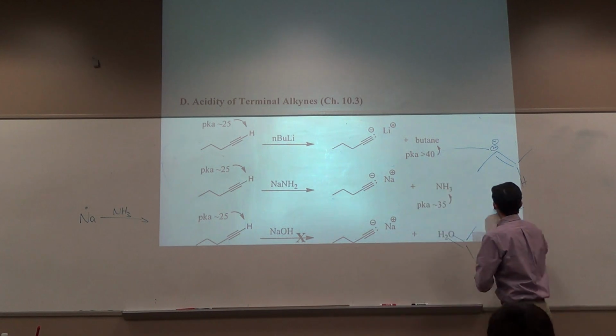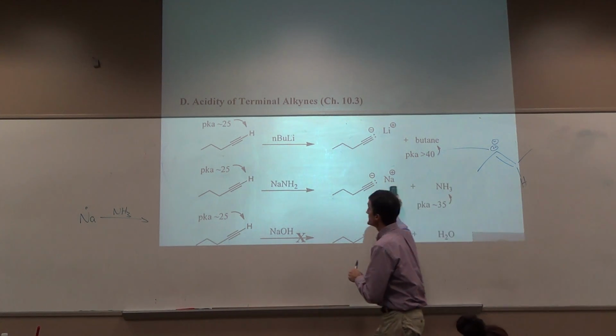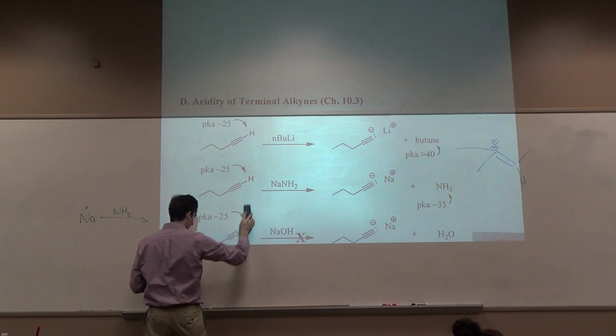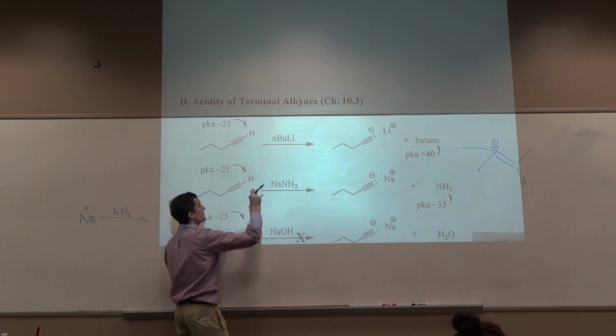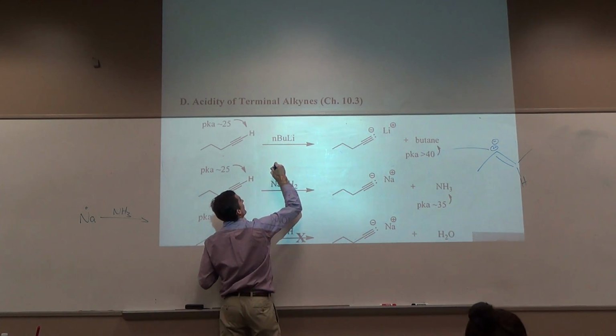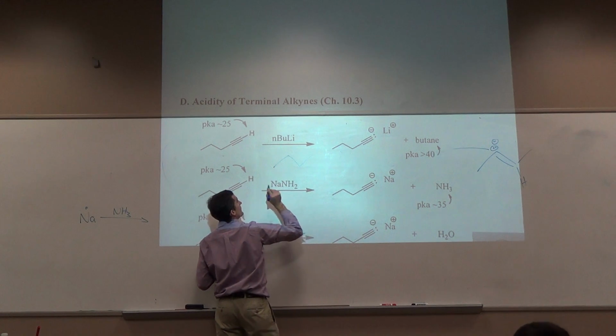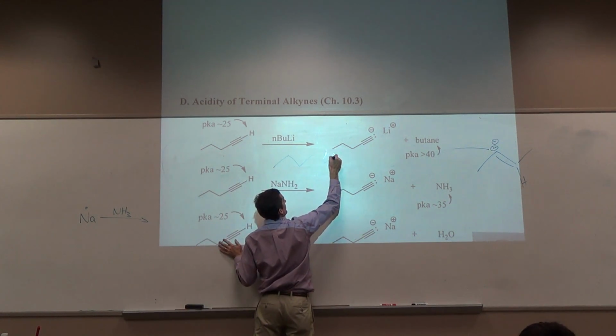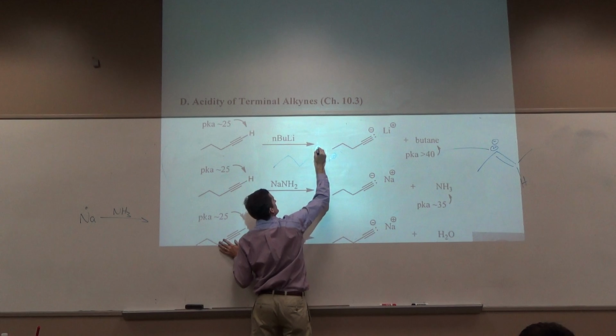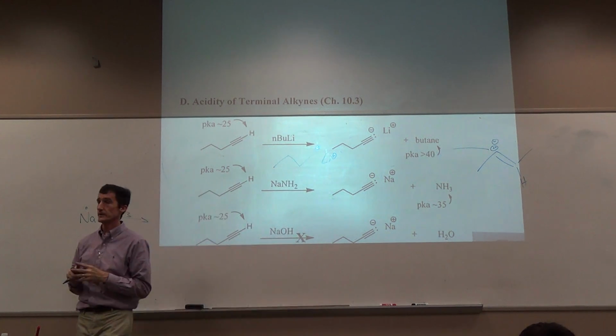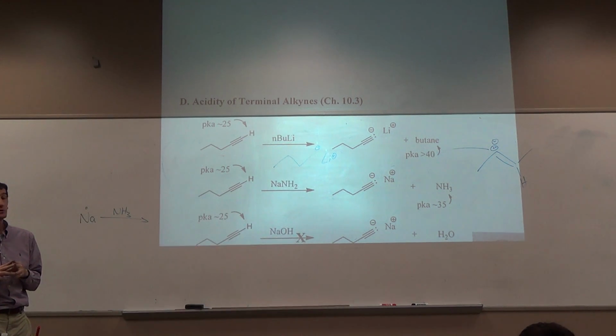A couple of the types of bases that are commonly used. N-butyl lithium. You may not have said that before. N-butyl, which is that. Lithium is plus. It's just a carbanion on the end there. That's called N-butyl lithium. Normal meaning just straight chain. And then the lithium is plus.